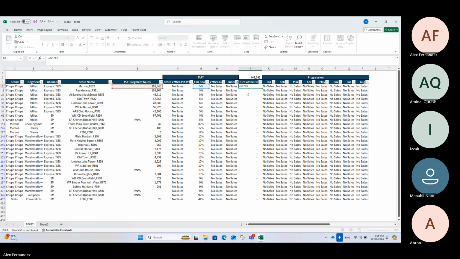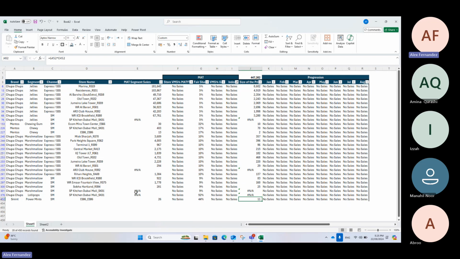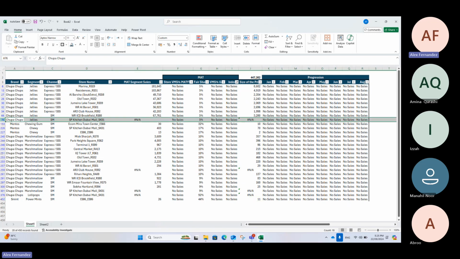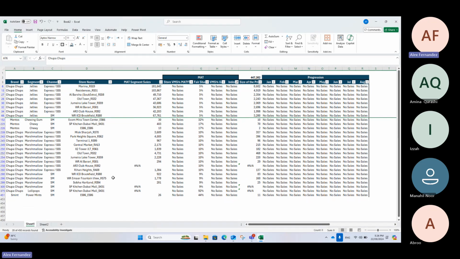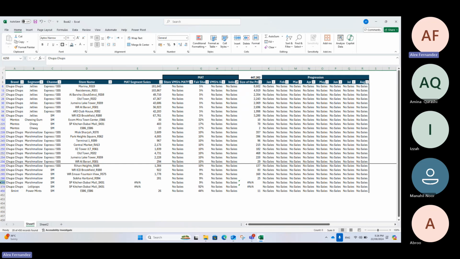Times... because here they are not doing any sales. And if there are no sales in the stores, we delete them. So for example, the store supermarket kitchen, in jellies, there is no sales for this one. We delete it. There is no segment sales. No one is selling to the store.